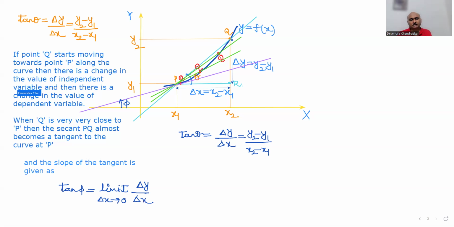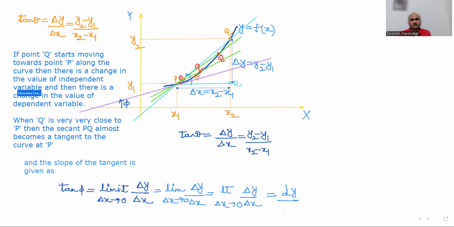In short, we write it like this: limit delta x tends to 0, delta y by delta x. In some books, it is written like this also: limit delta x tends to 0, delta y over delta x. Now, this is equal to dy by dx.